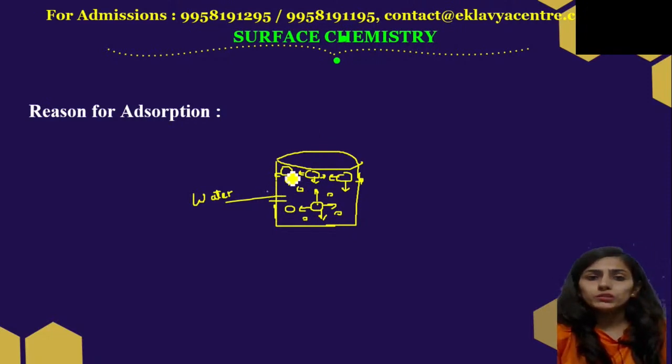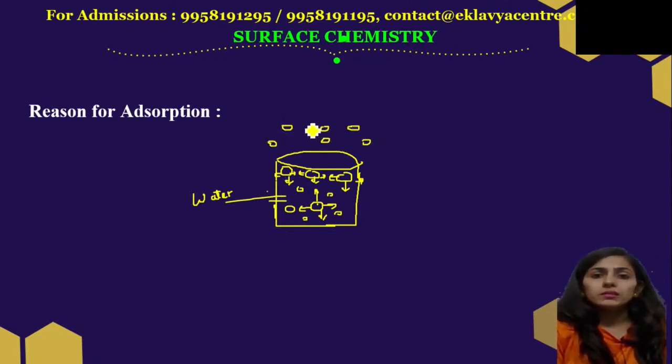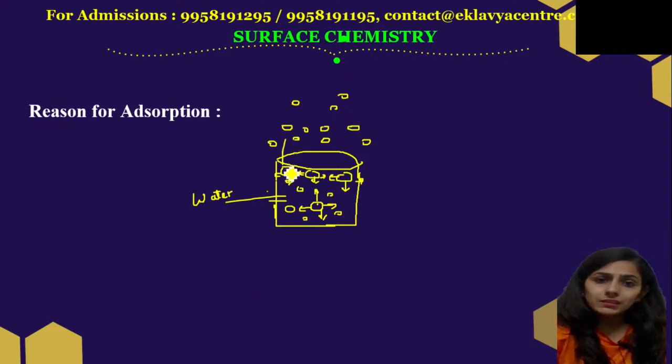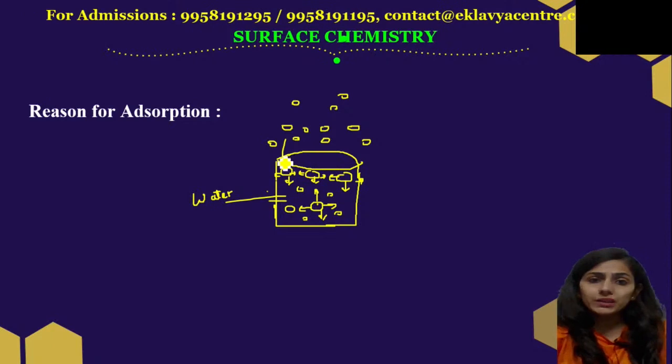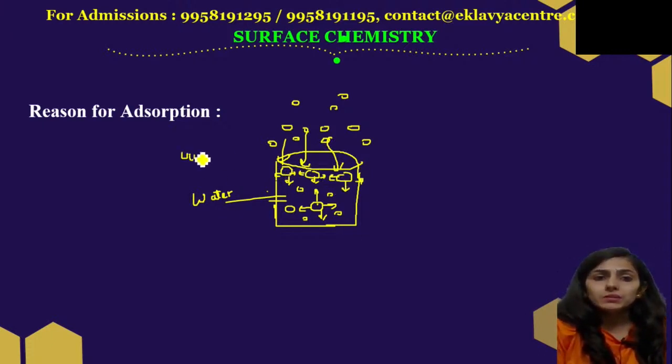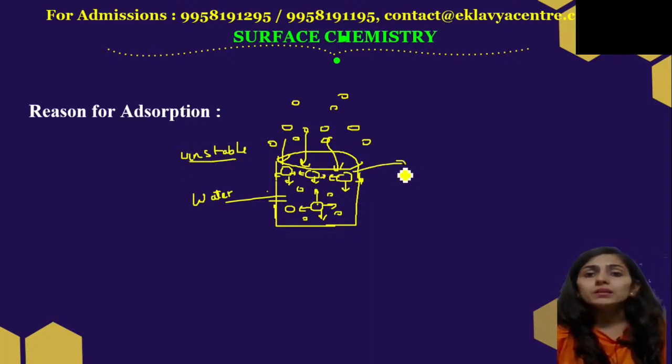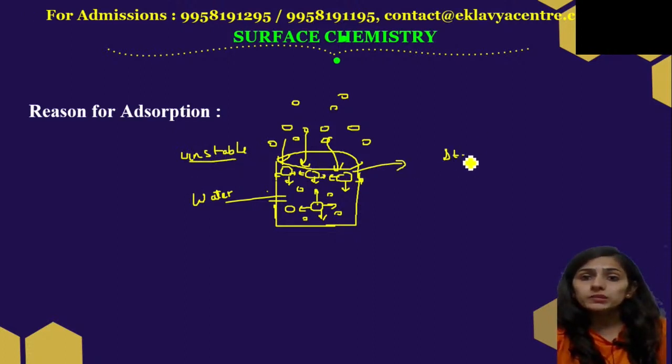Now there are some molecules present in the air. Because the surface particles are experiencing unbalanced forces, they will attract these molecules present in the air towards themselves to get balanced. Earlier they were unstable, but now the surface molecules have become stable after adsorption.